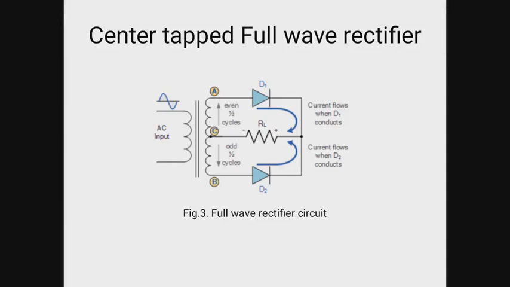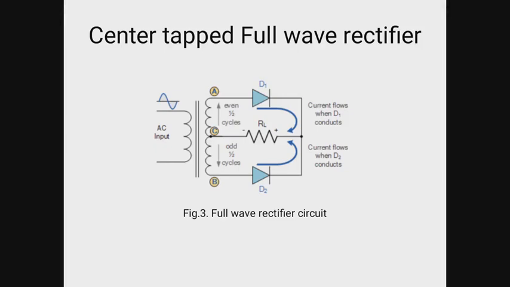So this is the configuration of the center tapped full wave rectifier. Here you can see we are using 2 diodes, one is D1, another one is D2. And this is the transformer. Basically we use it for rectification purposes, and this one is the primary winding of the transformer where we apply the AC voltage, and this one is the secondary winding of the transformer from where the output signal comes.